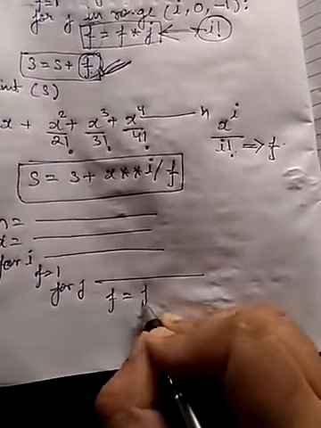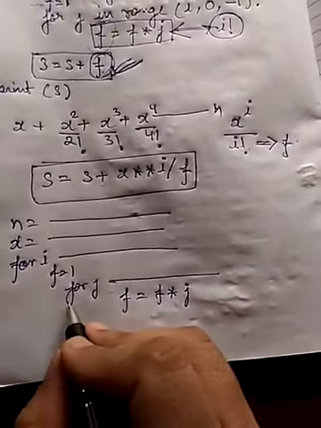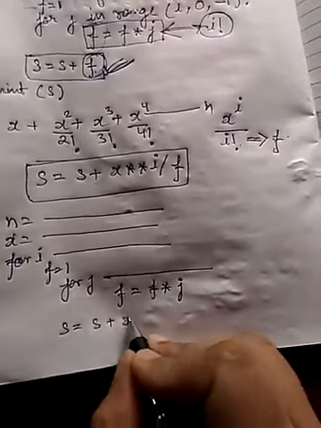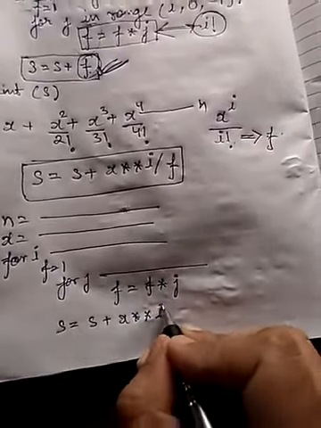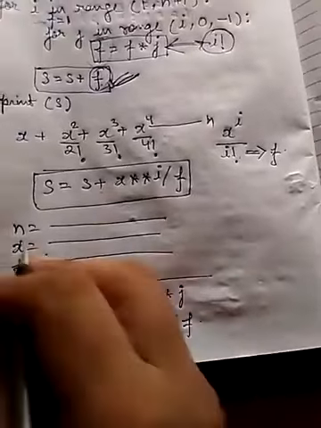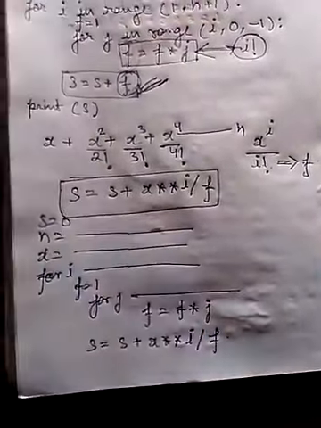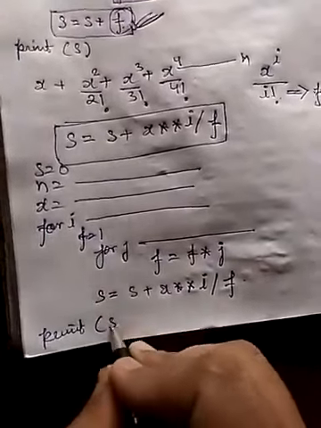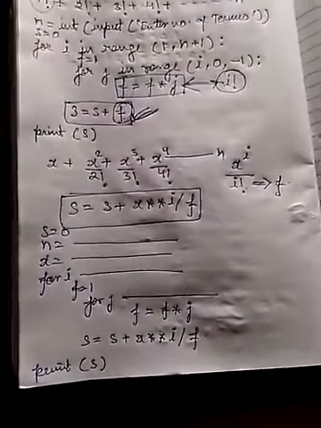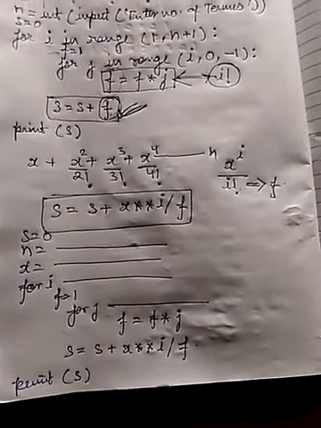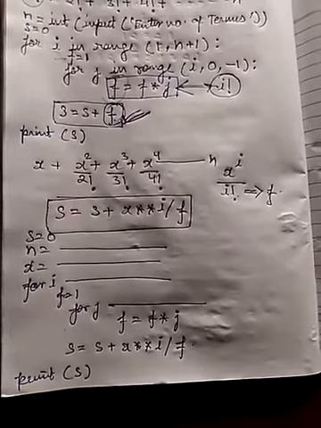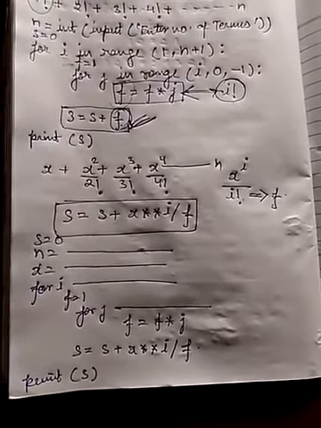Here f equal to f into j means we are calculating the factorial, and in this indent after the loop sum equal to sum plus x to the power I upon f. The starting value of the sum should be 0, and after the loop print sum. In this way you can do all the questions of this type, that is problems of series. Now you can try other questions on your own. Thank you.